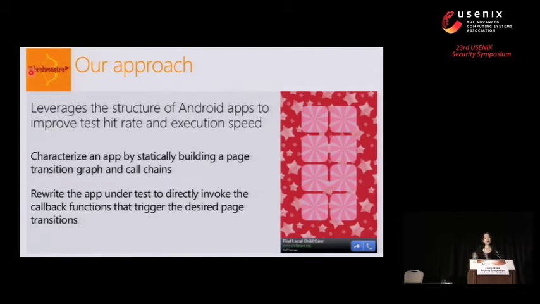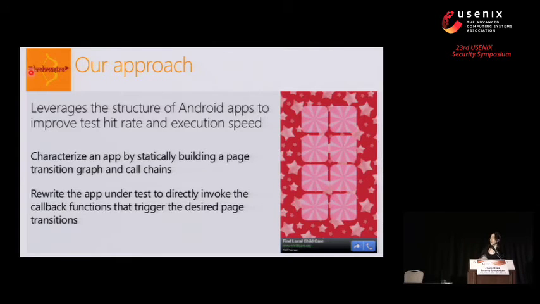So, one way is to make this kind of random monkey smarter, but like you have just seen, that will require solving a very hard AI problem, right? So instead of doing that, in our project, we decided to leverage the structure of Android applications, using only this structure and the way that the pages are connected to find the execution path to test these apps.